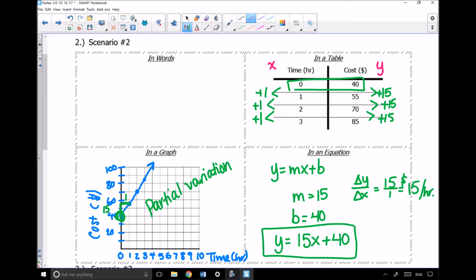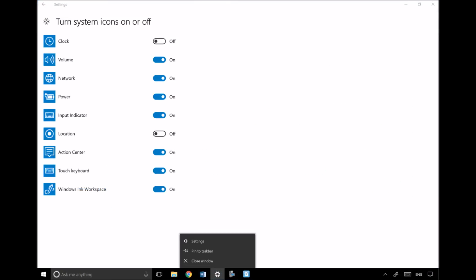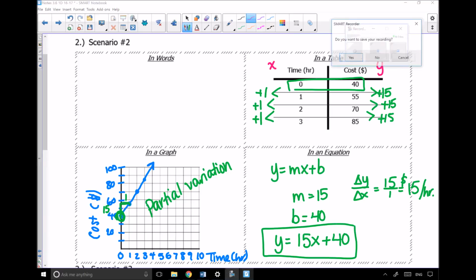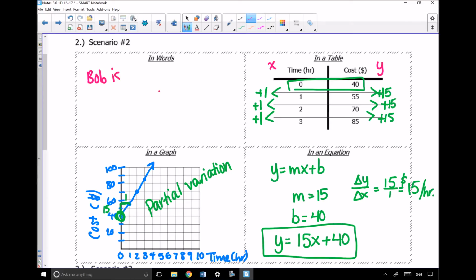So for example, I could say that I want to rent a conference room, okay? So, sorry about that, we're gonna go right here. So to rent my conference room, I'm gonna say Bob is renting a conference room.